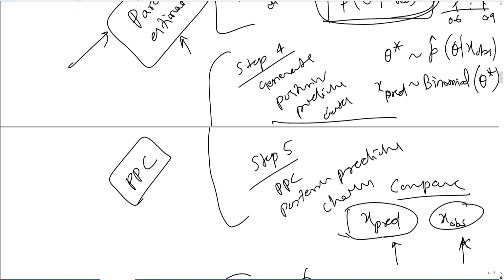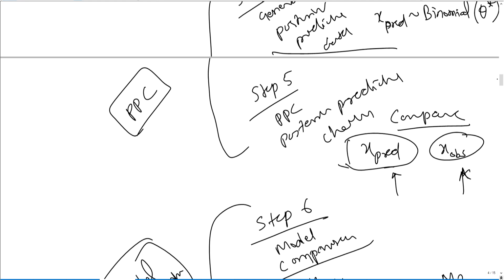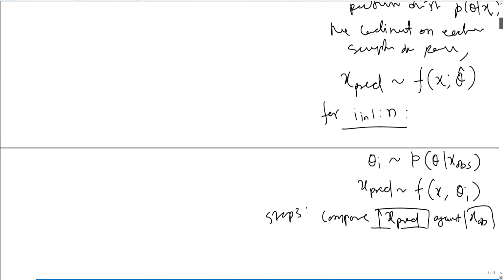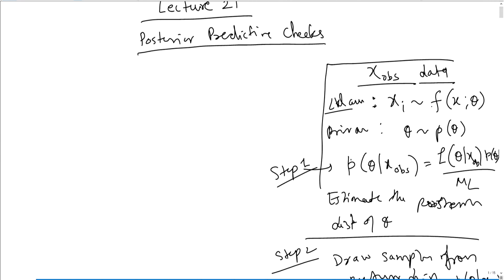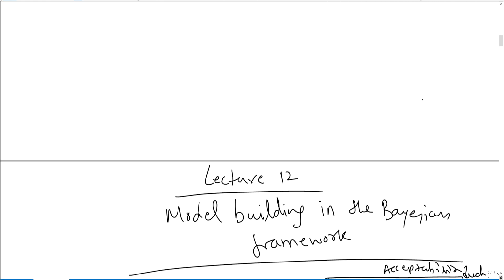Okay. So, this is it in this lecture. This is how you can develop a whole workflow of Bayesian modeling. You can implement it in R. You know some of the steps. You can try it for a simple example.